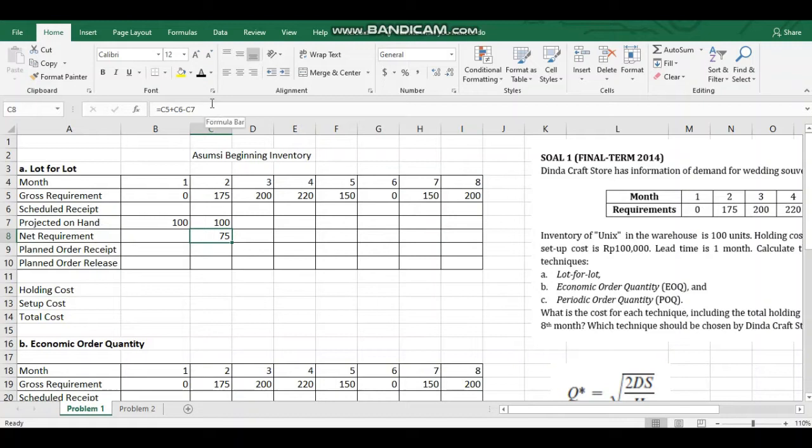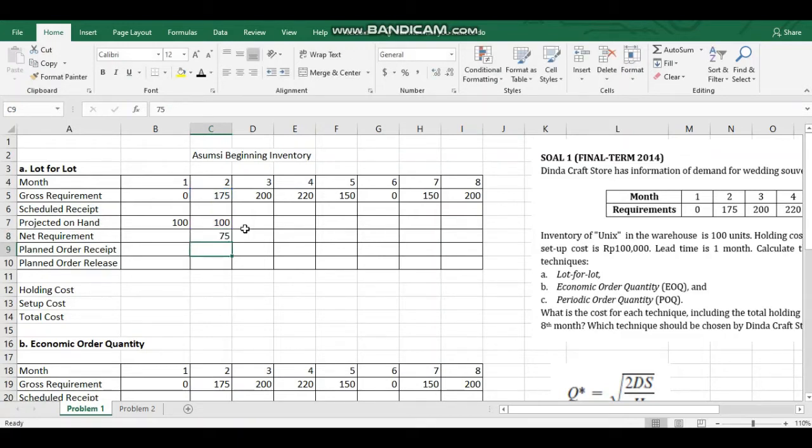Okay, so actually for net requirement we get it by gross requirement plus scheduled receipt, and then minus the projected on hand. But since in this case there's no scheduled receipt, just ignore it.